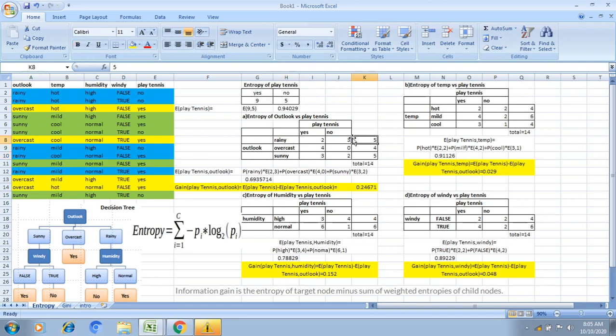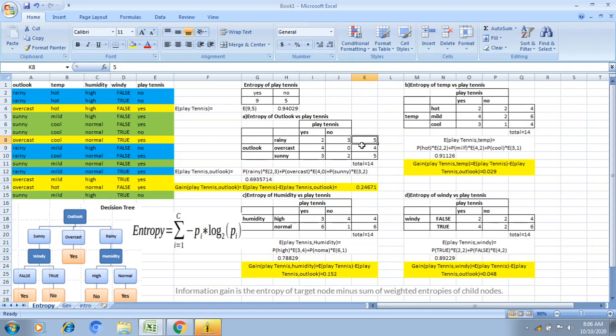How many rainies are there? 5. If I check the blue color, out of 5, 2 are yes. For example, of these 2 rainy, one is no, one is yes. Again, this rainy output is yes. That means 2 are yes, 3 are no.